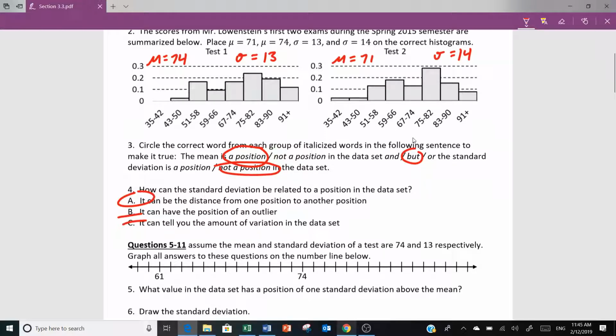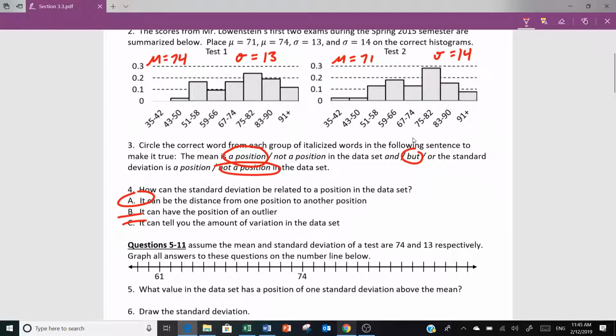Again, we can discuss this in groups. Yes, this one. So we're going to use the standard deviation as a distance from the mean. So what was 1 standard deviation? Or what was the standard deviation?